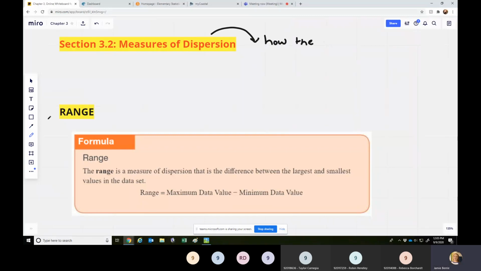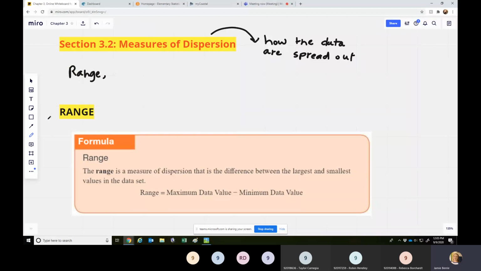Yesterday we looked at the measures of center, which told us the average. Today we're going to be looking at how the data are spread out, or dispersed.